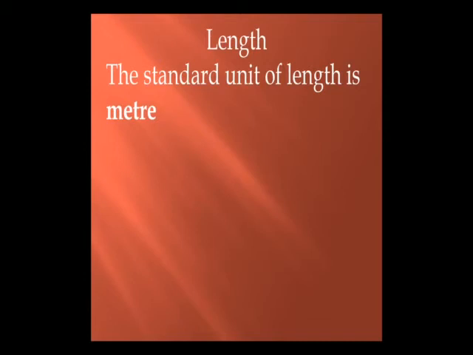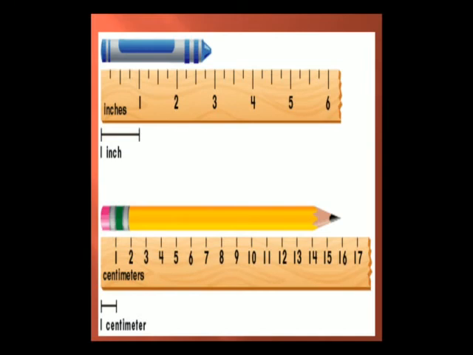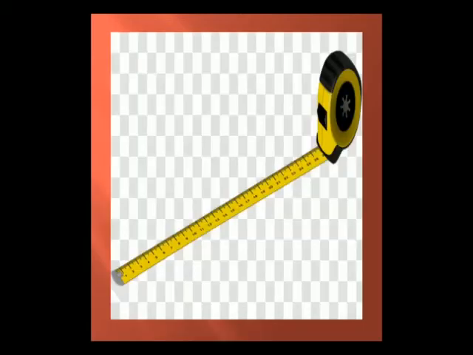So what is the standard unit of length? It is meter. Including meter, there are other units of length. They are millimeters, centimeters and kilometers. Now what will you use if you have to measure the length of your color pencil? Definitely you will use your scale.